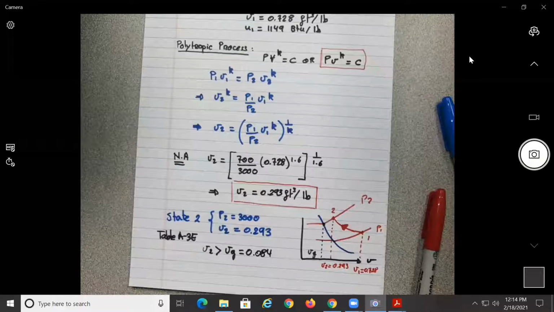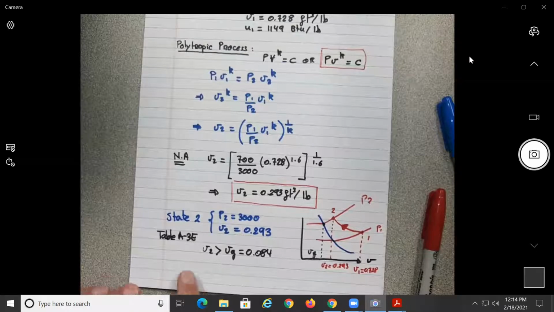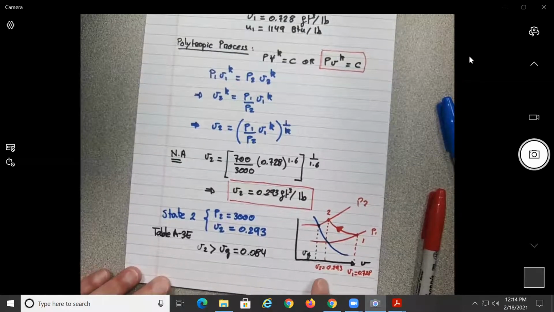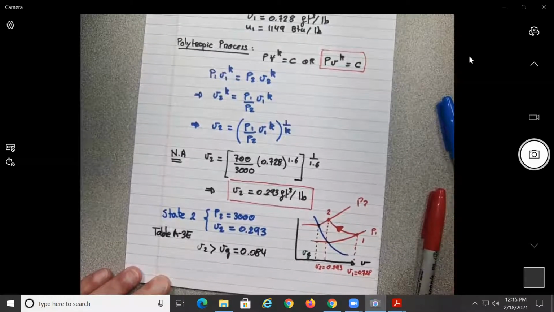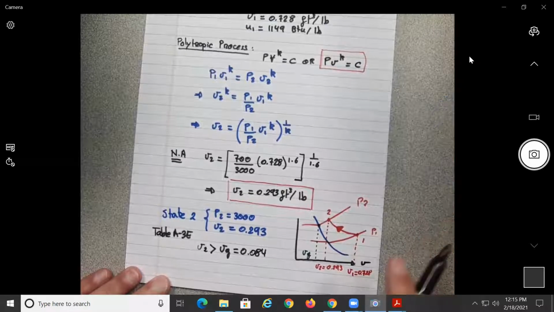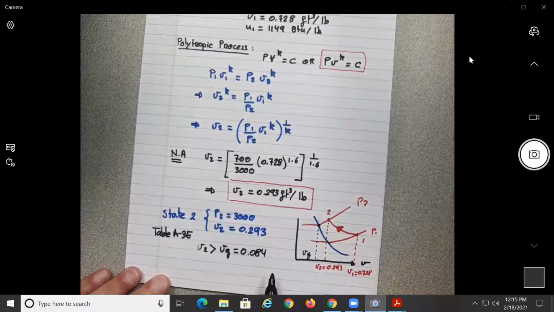All right, so now we know those two things over here. So we need to find V2, we know V2 at 550, okay. So we know it's right here. So we need to find now U2.